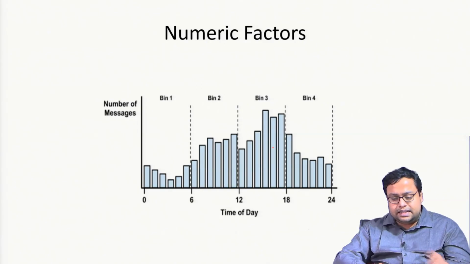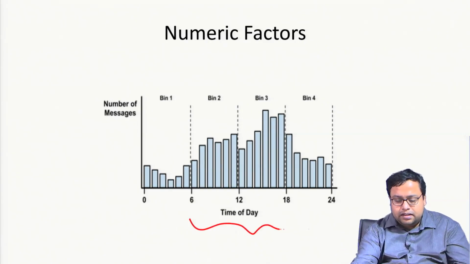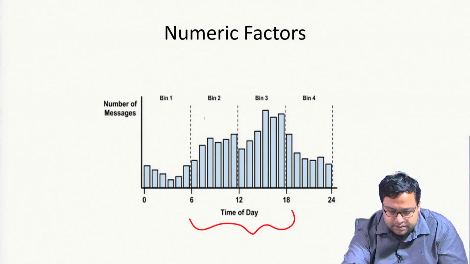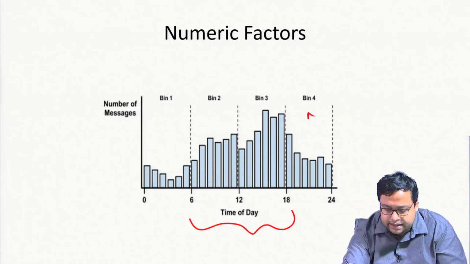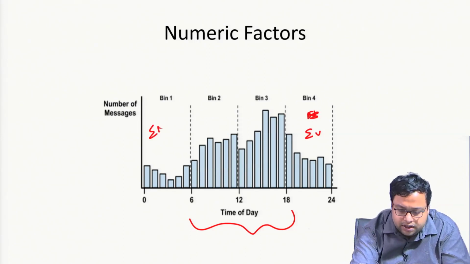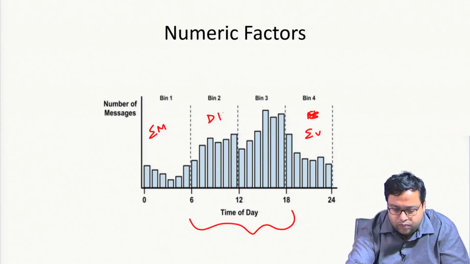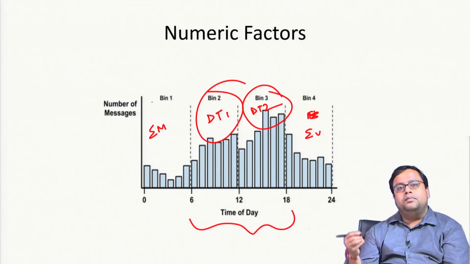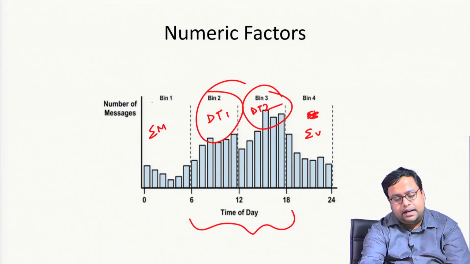See, 6 to 18 is when the frequency is high. So, I say this is night, or let us say evening, this is early morning, this is daytime 1, daytime 2. Whenever daytime 1 or daytime 2 comes, there is a higher chance of being spam.